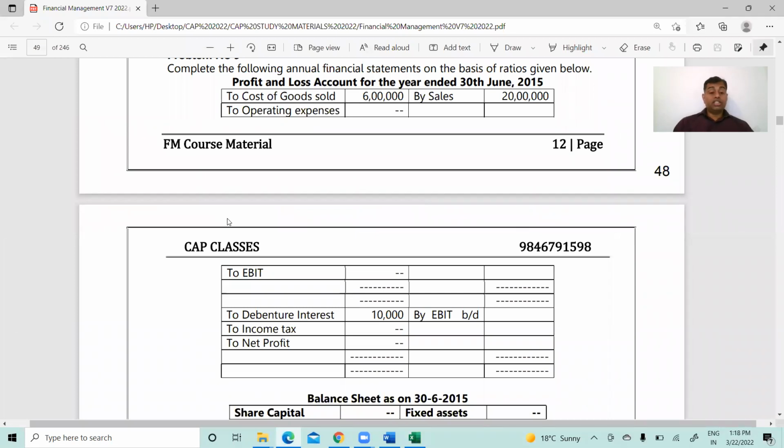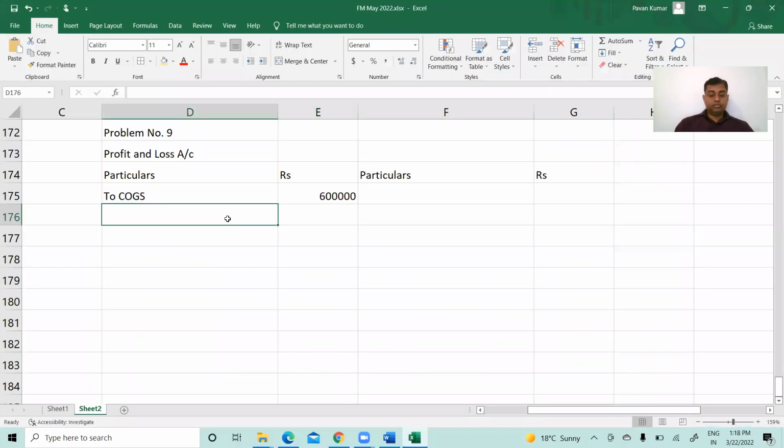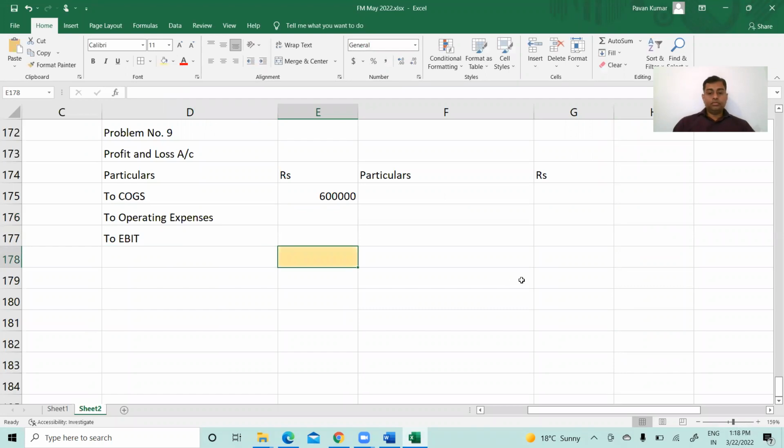Then to operating expenses, to EBIT. This is total. This is total. And here they have given by sales 20 lakhs, I guess. Is it right?